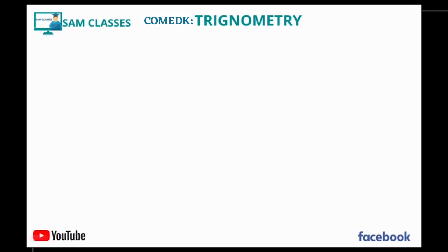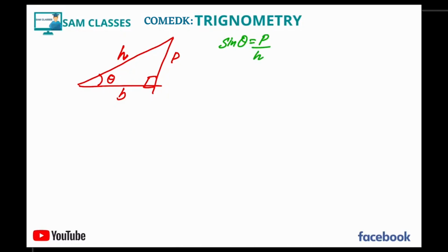So trigo, we first learned in class 10th, if you remember, that we used to have a 90-degree triangle and then we used to have an angle theta here. So we used to define sine theta. We used to say this is the perpendicular for this angle, this is the base, and this is the longest side, hypotenuse. So sine theta is equal to perpendicular by hypotenuse, cos theta is equal to base by hypotenuse, tan theta is equal to P by B, perpendicular by base, cot theta is equal to base by perpendicular.